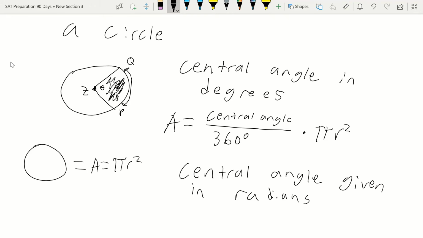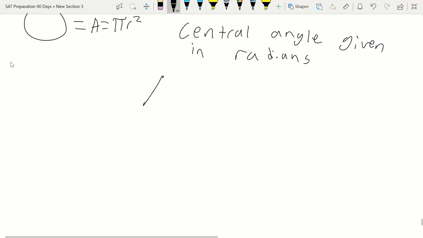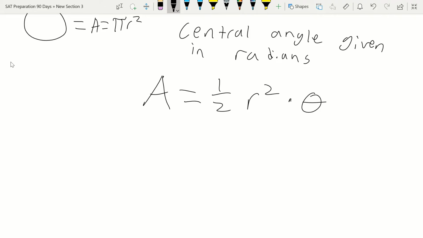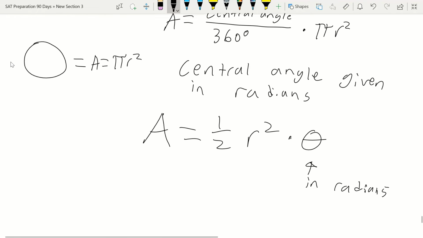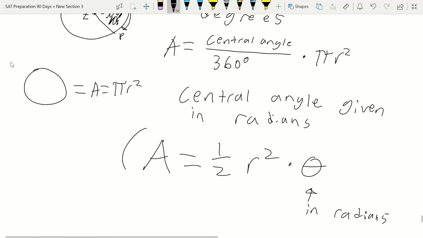Okay, so if we're given our central angle in radians, the equation that we're going to use is the area is equal to 1/2 the radius squared times angle theta in radians. So if you're given radius and you're given your angle in radians, that's the equation that you should use.